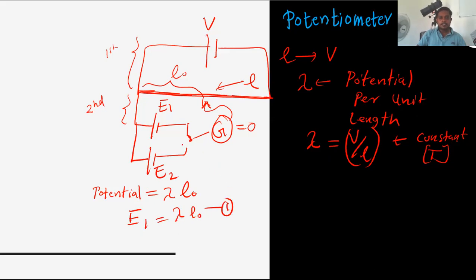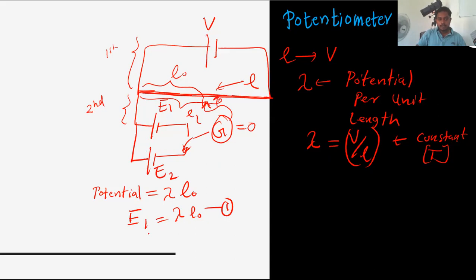Then I connect this to E2, and E1 is not connected. Now again G is 0. Consider it got a value like this, which is L1.